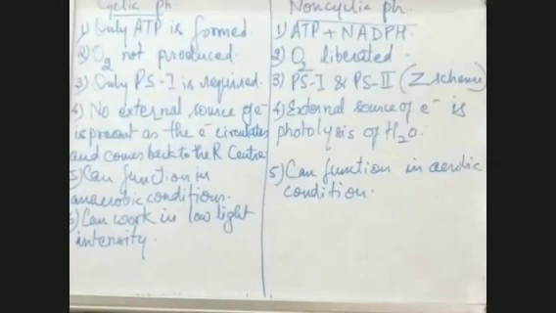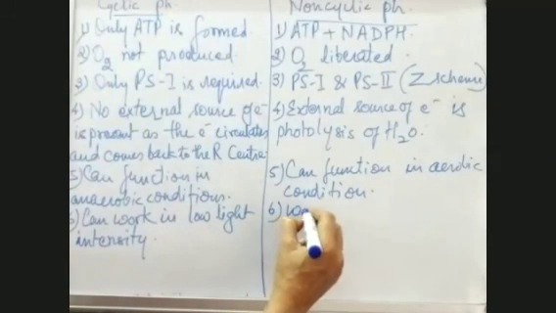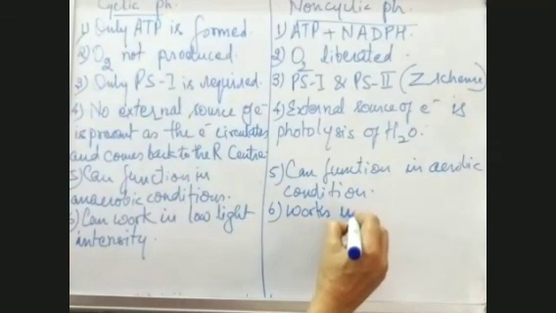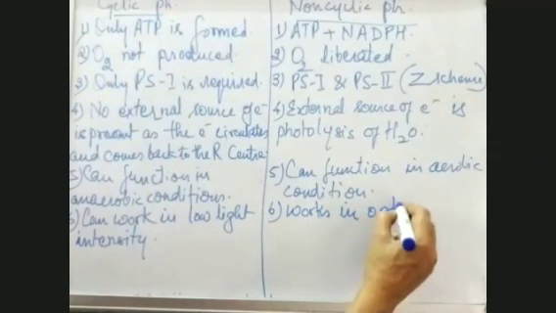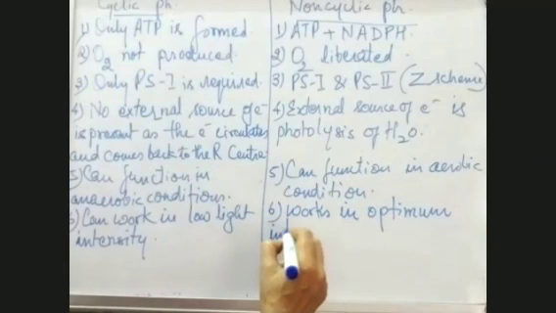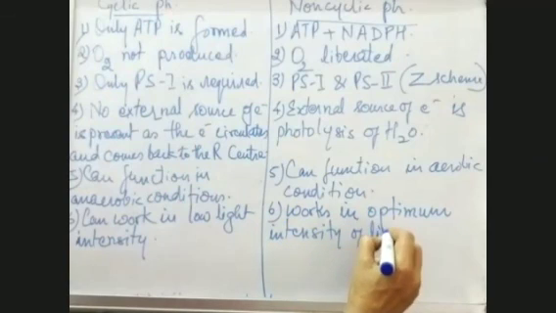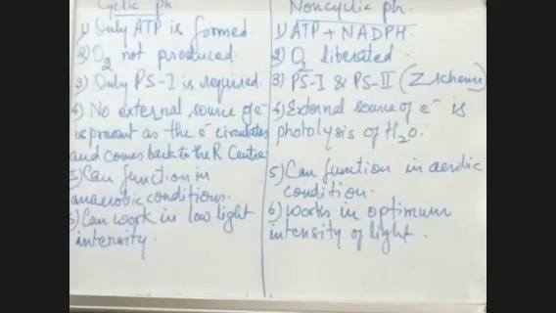High light intensity denatures the enzyme, so they work in an optimum intensity of light. Non-cyclic works in optimum, which is moderate, intensity of light. So this is the difference between cyclic and non-cyclic photophosphorylation.